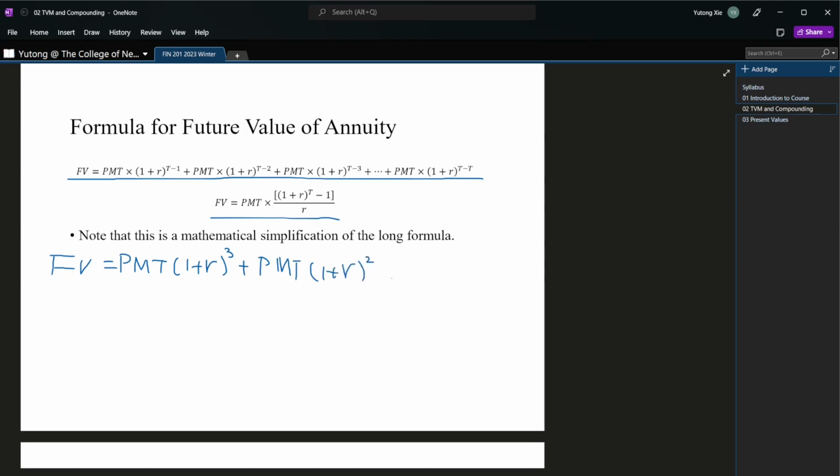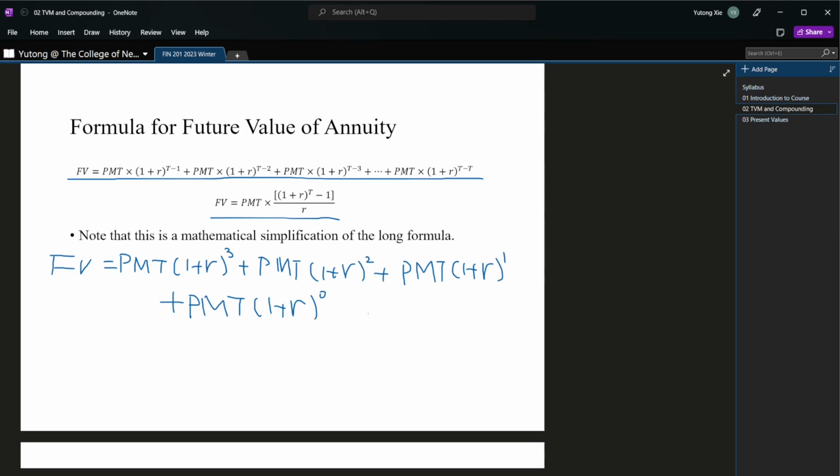This is the $5,000 you saved at the end of year 2, plus payment times 1 plus R to the power of 1. That is the $5,000 you saved at the end of year 3. Lastly, we add payment times 1 plus R raised to the power of 0. So that's the $5,000 you saved at the end of year 4.